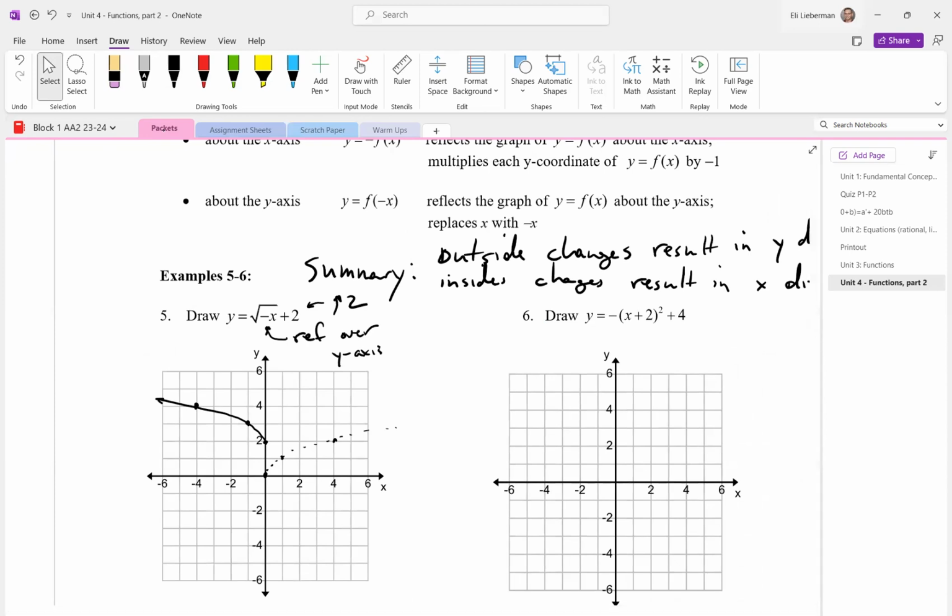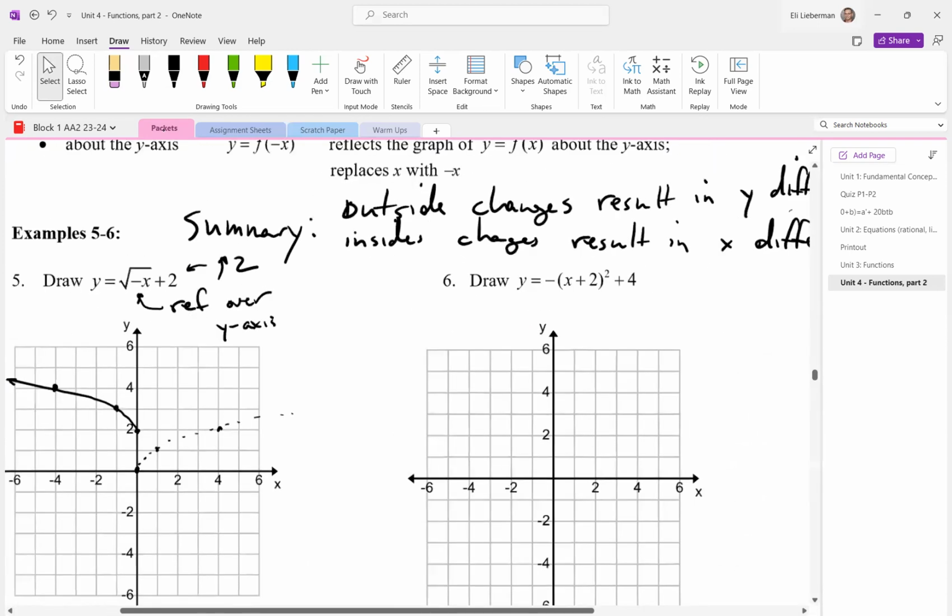Okay, please discuss before, don't draw anything for number 6, but discuss what is going to happen, like what's the parent function, what's going to happen to it in number 6, please.